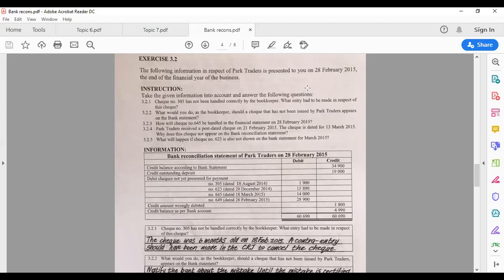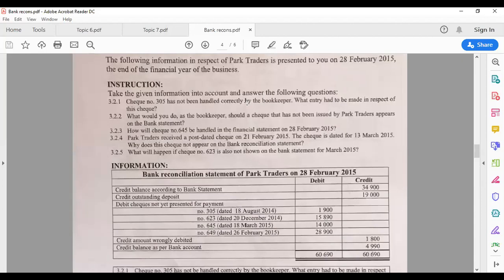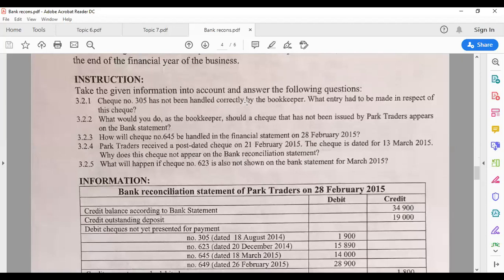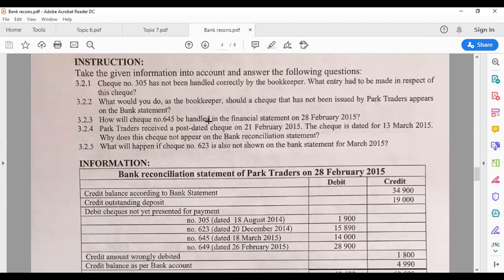Check number 305 has not been handled correctly by the bookkeeper. What entry had to be made in respect of this check? Let's read all of the questions before we start filling in. What would you do as the bookkeeper should a check that has not been issued by Park Traders appear on the bank statement? How will check number 645 be handled in the financial statements?